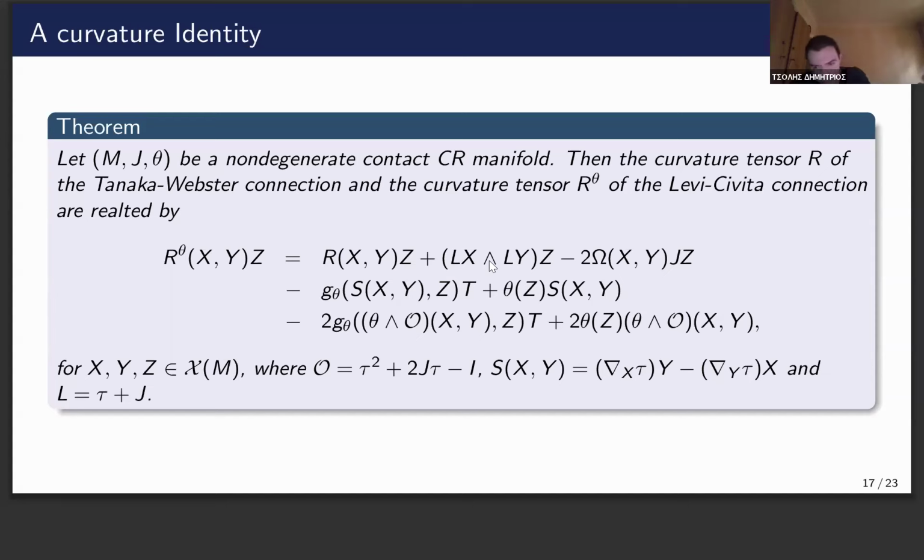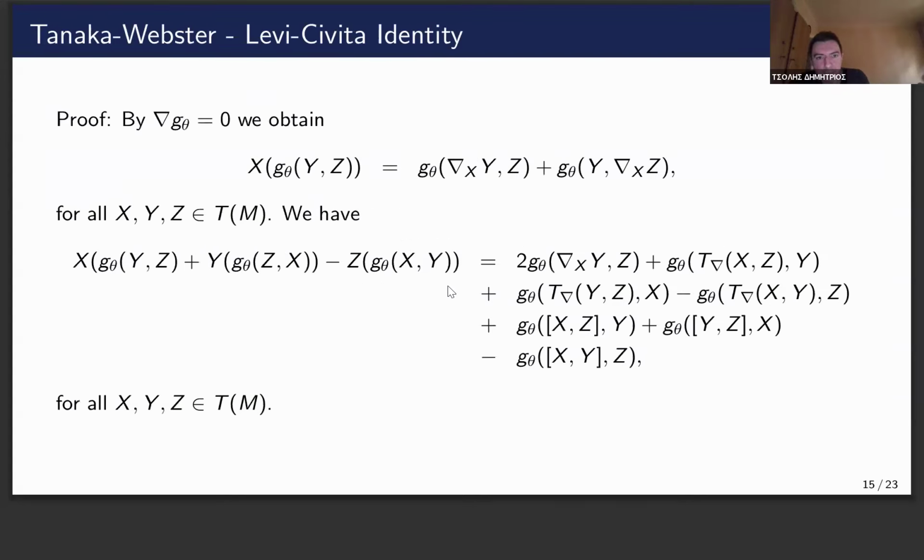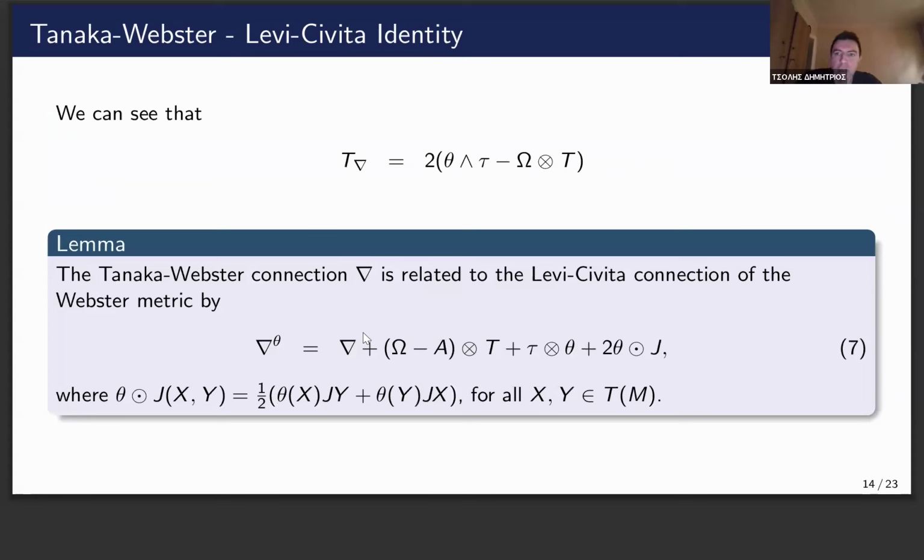Now, I should mention something here. Let me go back to this identity. The previous time I talked about these Riemannian approximants. Now you can see here, if instead of theta, we take the Riemannian approximants, so we have epsilon theta here, and t over epsilon, then as epsilon goes to 0, this entire thing will go to 0 when projected to the horizontal planes. So don't worry about this term blowing up. We just project to the horizontal planes.